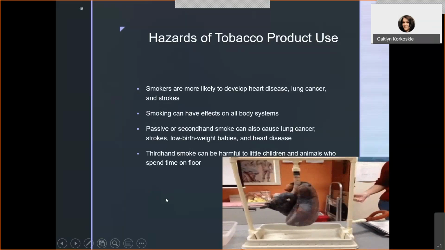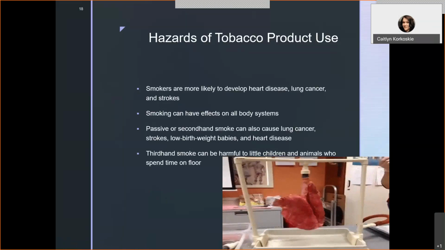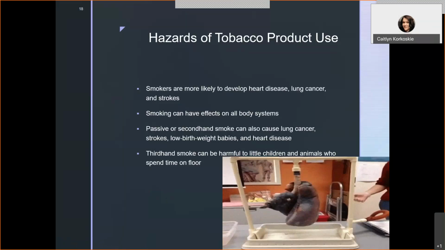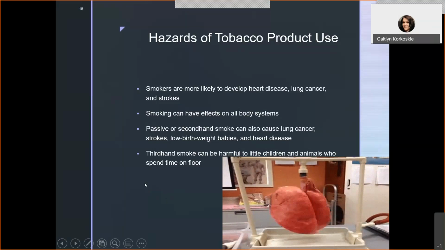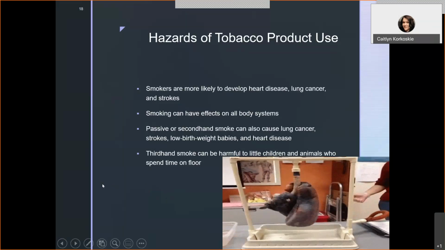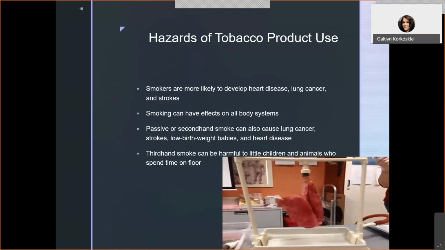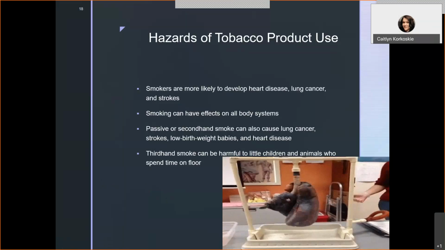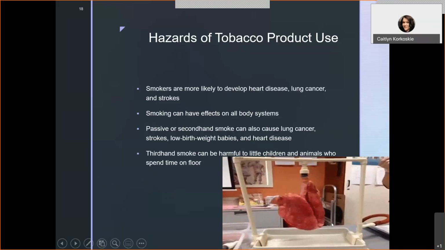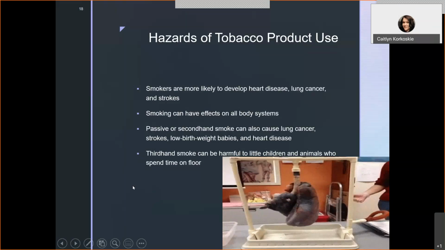Even secondhand or third-hand smoke can be harmful. Someone who is not directly smoking but is around someone who smokes can also have their lungs develop that plaque buildup like the smoker does.